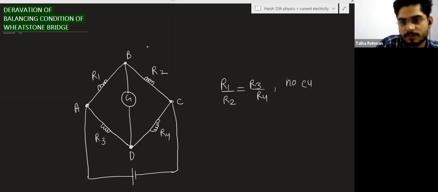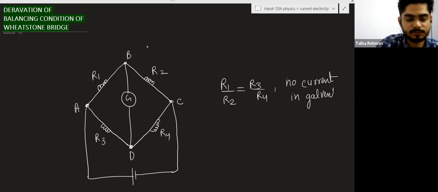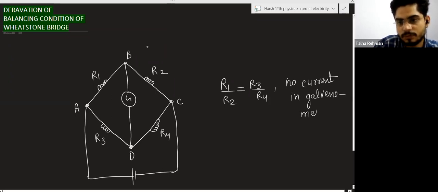when there is no current in the galvanometer.